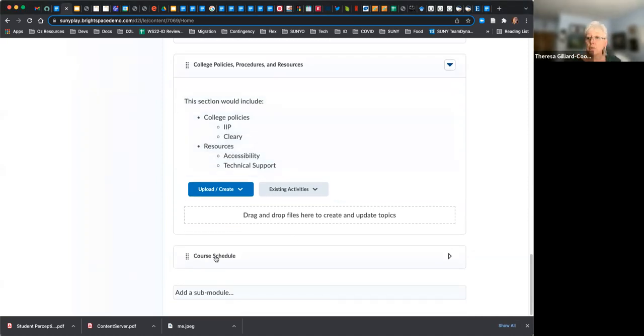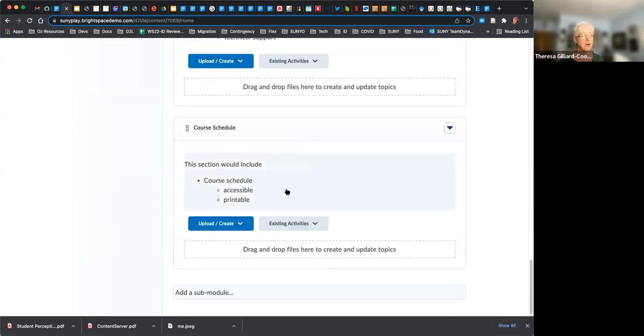Yeah, and then the course schedule. I know it shows up initially, but finding a way so that they can get a fully printable, accessible course schedule, because again, I'm going to go back to our adults, many of our adult students. To be able to print out just the course schedule can be your Bible to being successful for the semester, especially if you're taking more than one course.